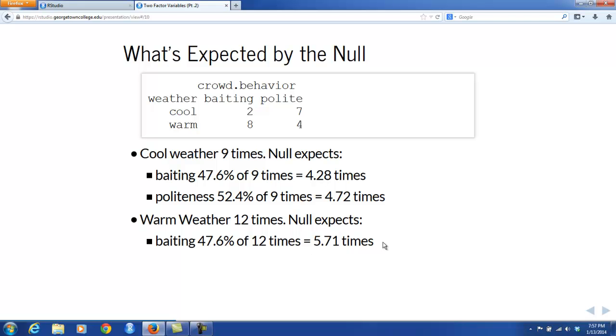Now, it expects to see politeness 52% of the time, and so 52% of those 12 times, the null expects to see politeness. 52% of 12 is about 6.29. So that's the number that the null expects to see in the place where 4 actually occurred.